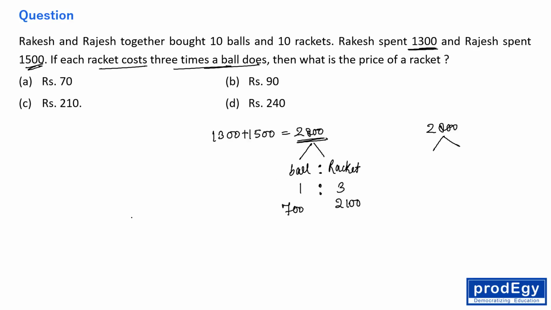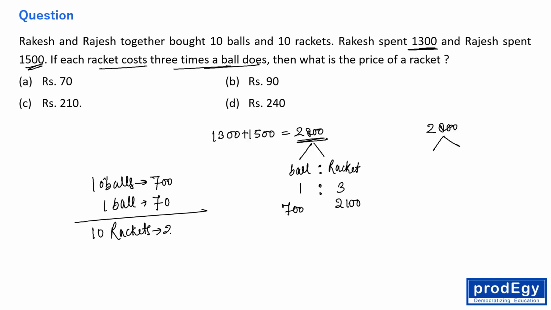So the price of 10 balls is 700 rupees, so one ball is 70 rupees. And the price of 10 rackets is 2100 rupees, so the price of one racket is 210 rupees. So the answer is 210 rupees.